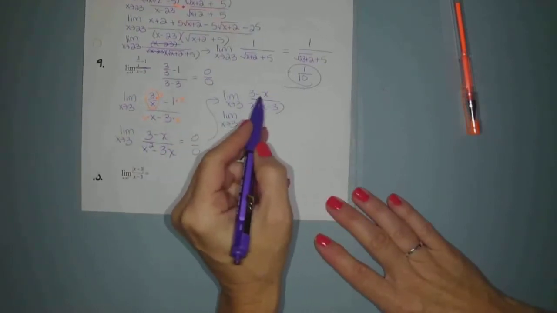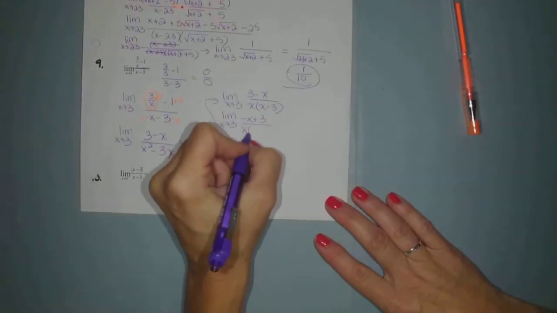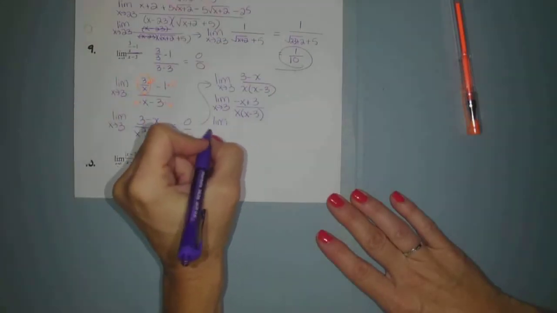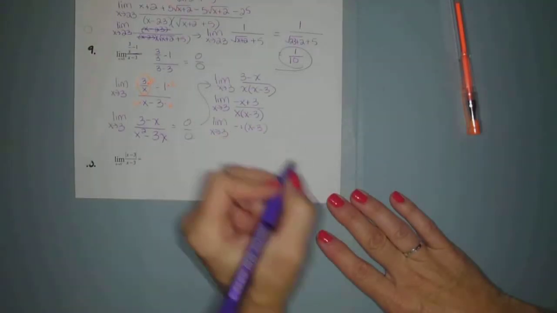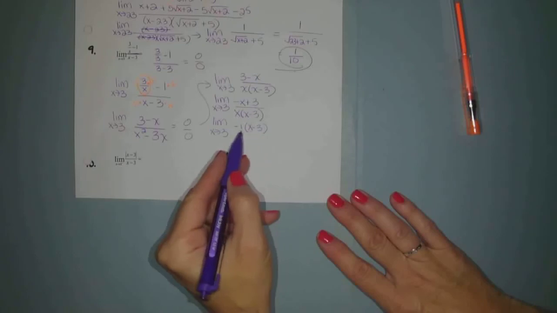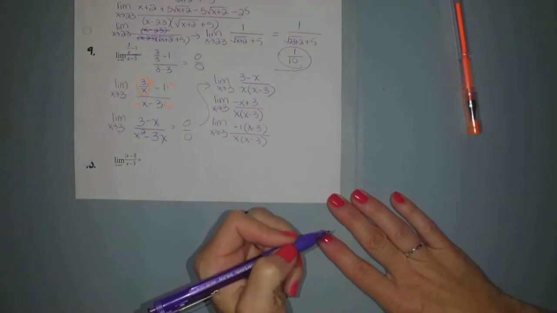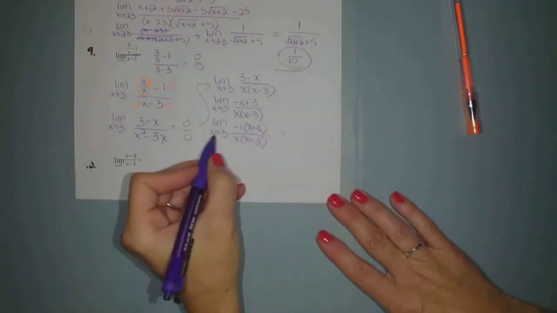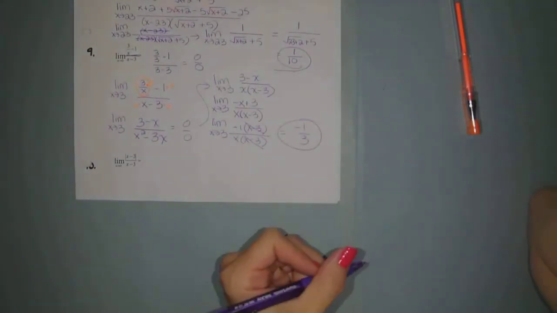If I flip it around and write 3 minus x as negative x plus 3, then I can actually factor a negative 1 out, which will make the numerator look like this. Take a negative 1 out, and I'll be left with x minus 3. There's my negative x, and there's my positive 3 over x times x minus 3. And once I do all that, these x minus 3's drop. There goes my 0 over 0. And now when I plug my 3 back in for x, I'm left with a final answer of negative 1/3.